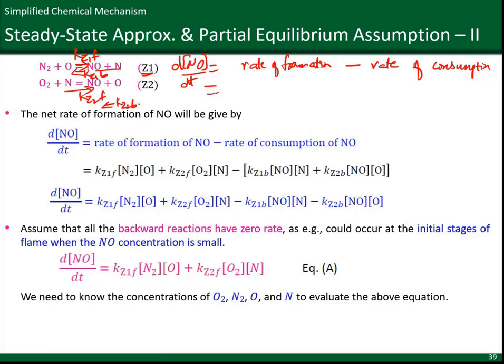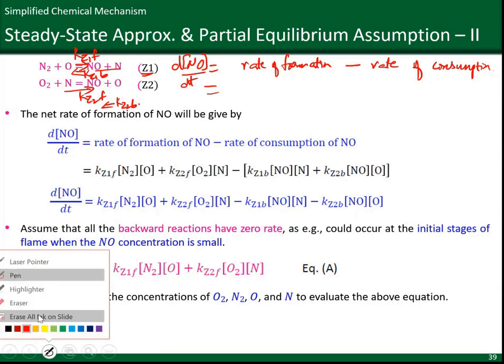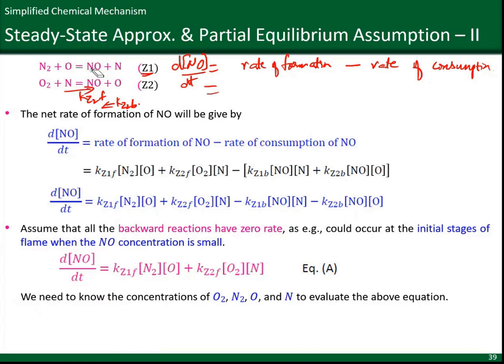When we look at the rate of formation, NO is being formed in both of these reactions, Z1 and Z2. So we can simply write it as equal to the rate of formation of NO in reaction Z1 in the forward direction, which is the reaction rate coefficient KZ1F times the product of the concentrations of the reactants, N2 being one reactant and the oxygen atom another.